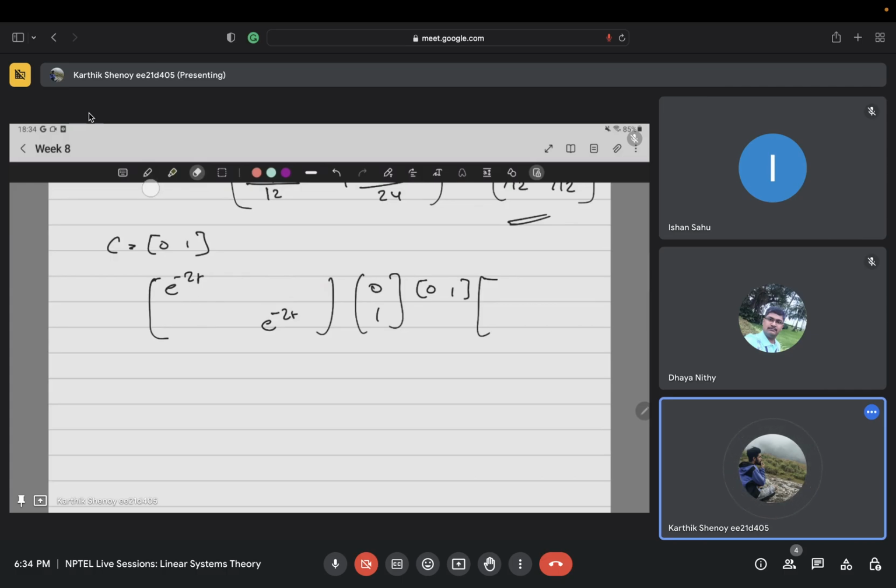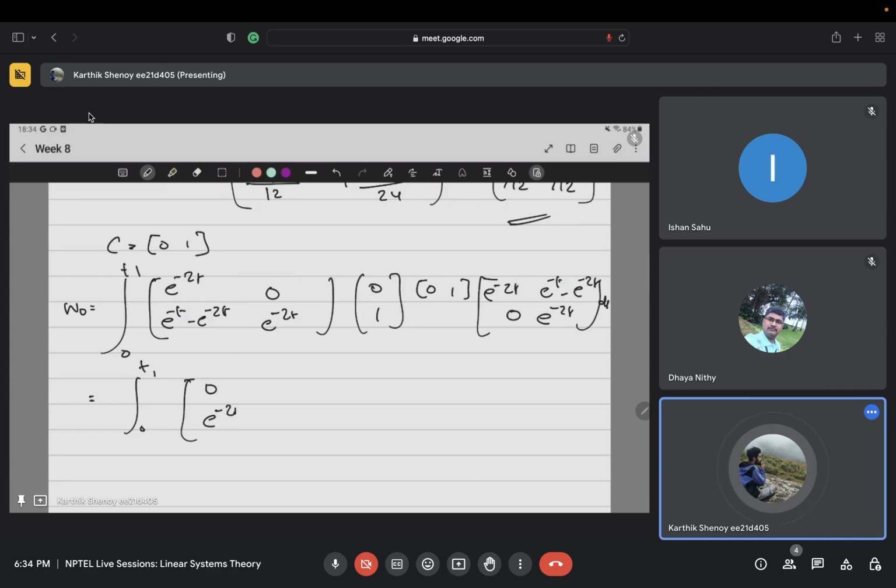Yeah. So this is e raised to minus t minus e raised to minus 2t, 0, e raised to minus 2t, 0, e raised to minus 2t, 0 to 0. Okay, so this is equal to 0, e raised to minus 2t. In the second case, it's 0, e raised to minus 2t dt.